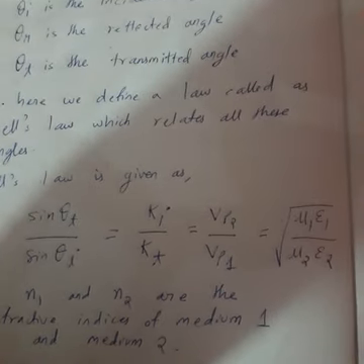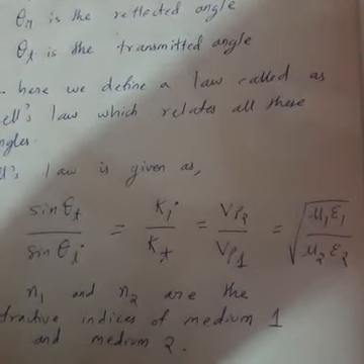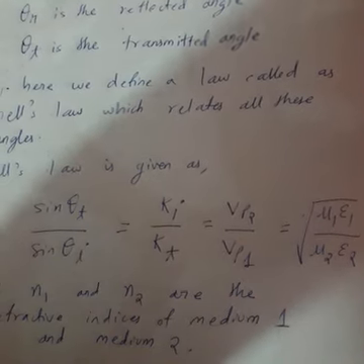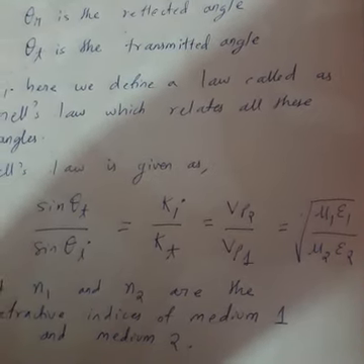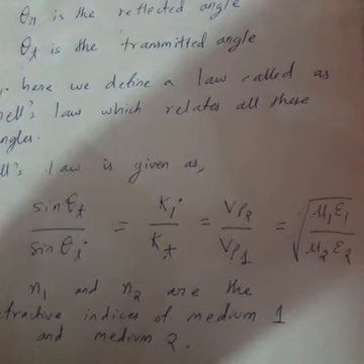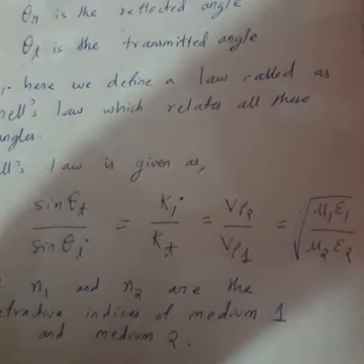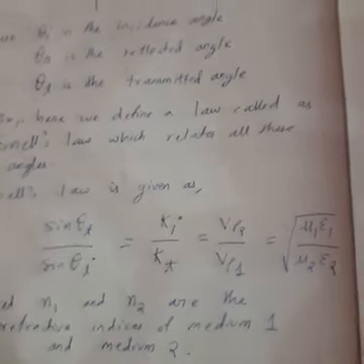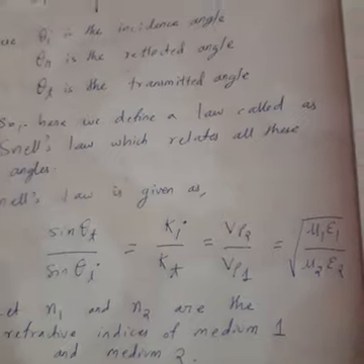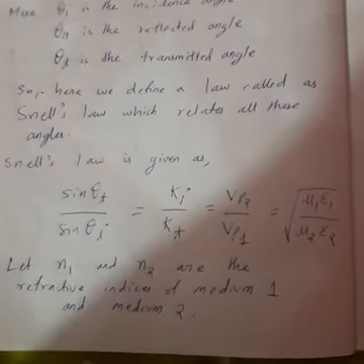And what is the formula for phase velocity? One over root of mu into epsilon. So for vp2 it is mu 2 epsilon 2, for vp1 mu 1 epsilon 1, but this is inversely proportional. Phase velocity is inversely proportional to beta.